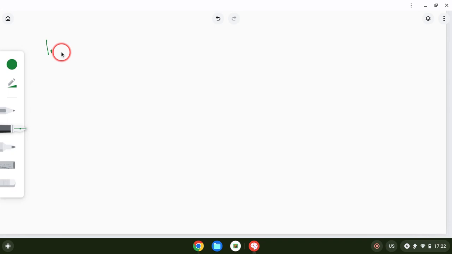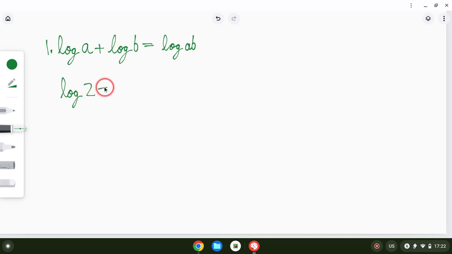The first logarithm rule, and I have to involve some algebraic terms for this one, is log A plus log B equals log AB, or A times B. As an example, let's say I have log of 2 plus log of 6.